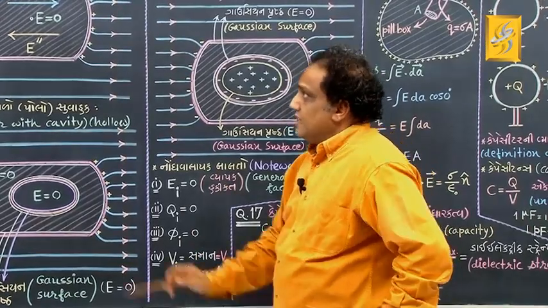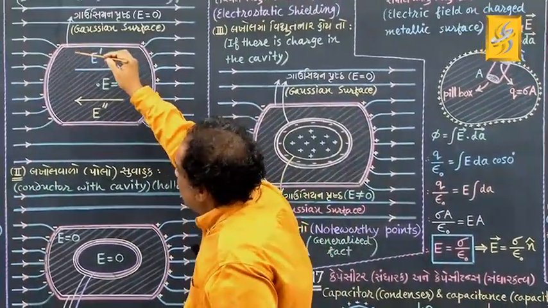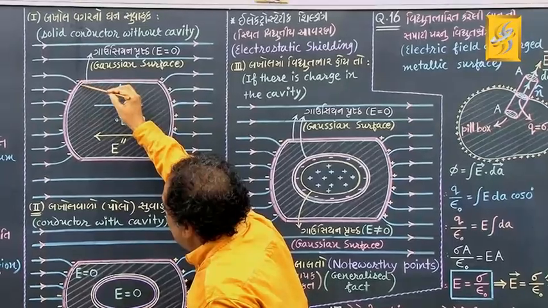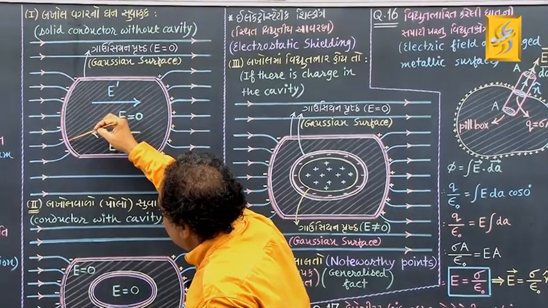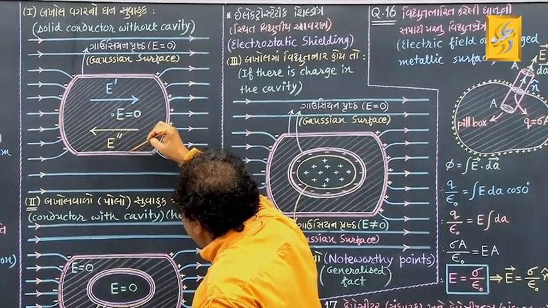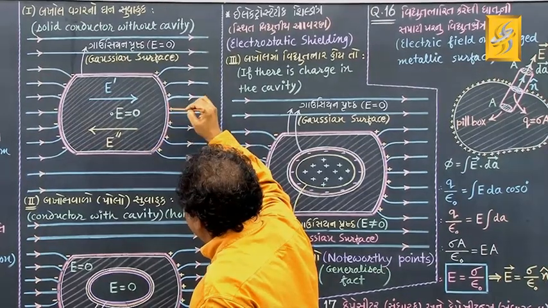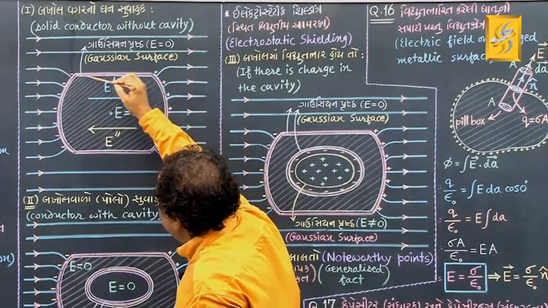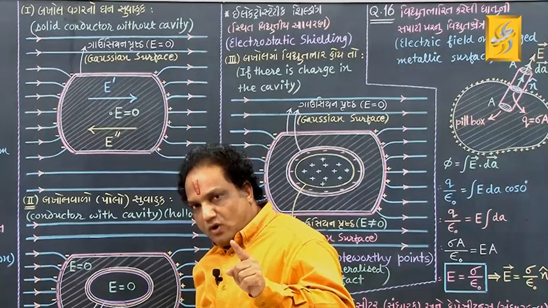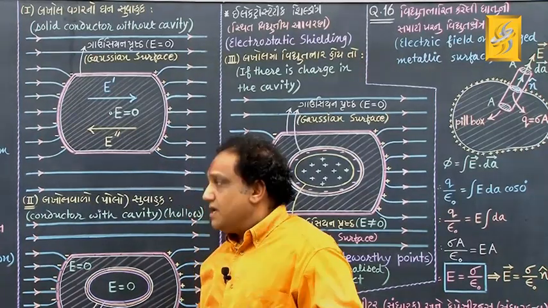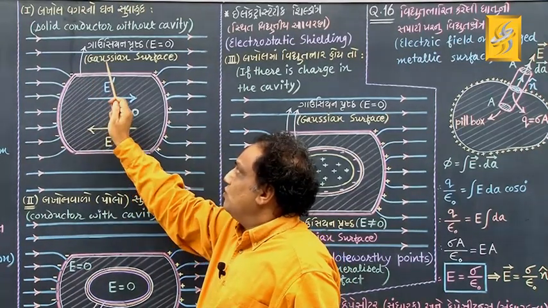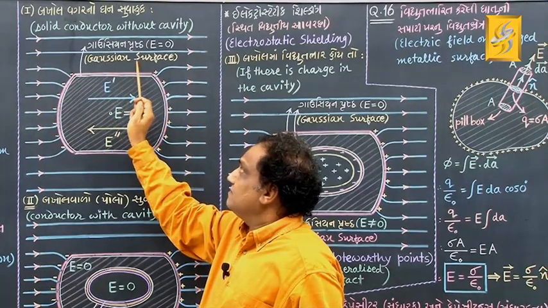And then you just do one thing, consider this closed surface, which is chosen very close to the surface of the conductor, but inside the conductor. You may call it a Gaussian surface.